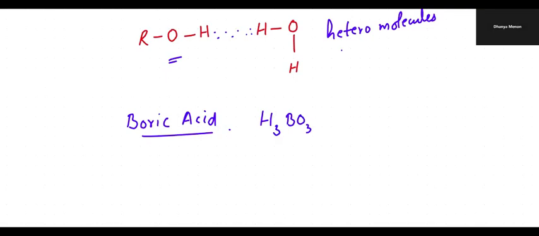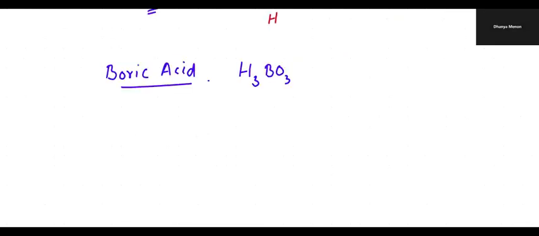Now, it has been found that this boric acid exists as a dimer. Okay, they exist as a dimer. What is the reason for the existence of boric acid as a dimer?